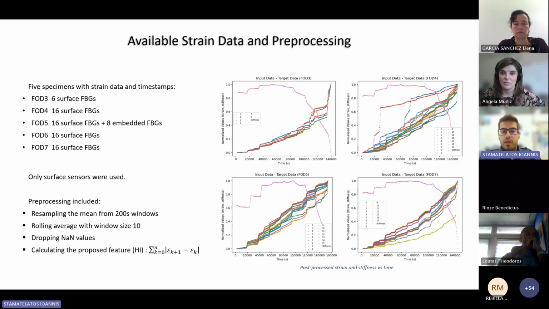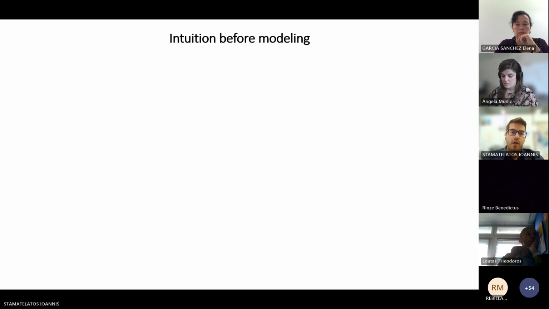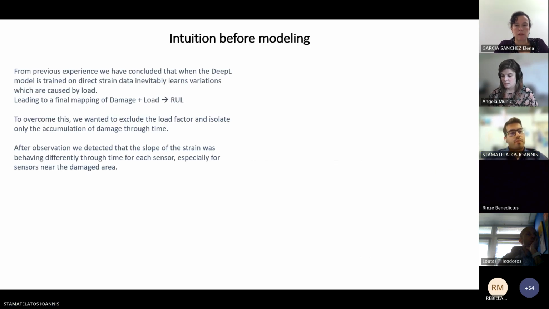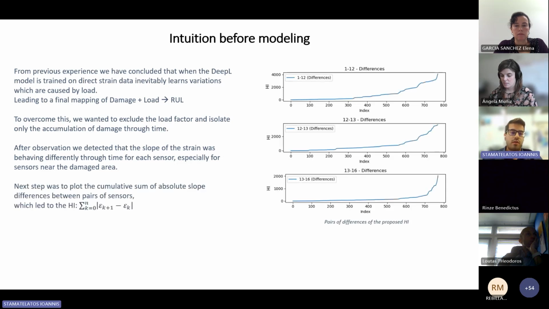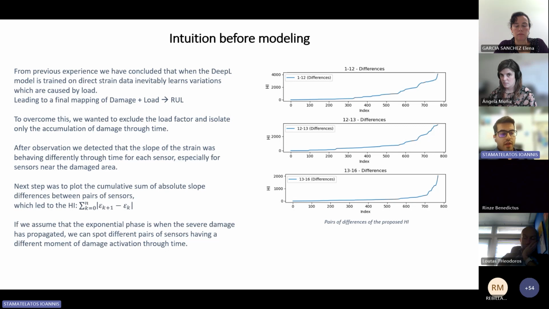So we calculate the first derivative of the strain, and then we accumulate it by summing over time. And this was the health indicator. This is briefly what I just discussed. And in these plots, you can see the difference between different pairs of sensors, and especially their strain slope.